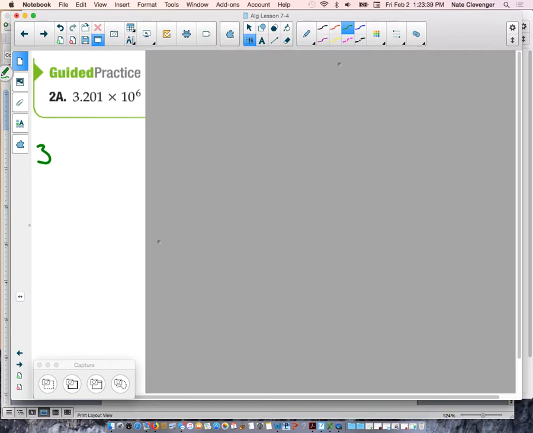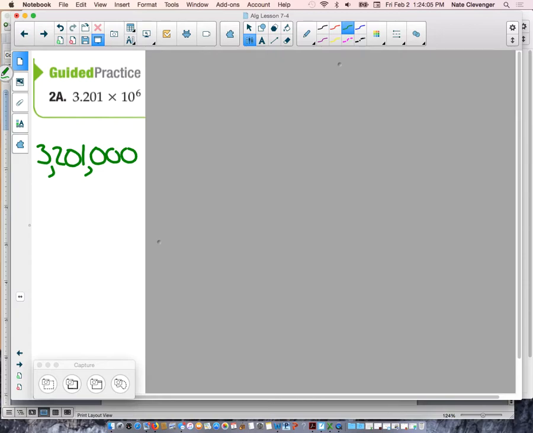We move these 3 places. 1, 2, 3, 4, 5, 6. You can use a calculator, but that's writing it all out and getting your zeros and stuff. We know that multiplying by a power of 10, you just move your decimal right or left depending on how many zeros you have.